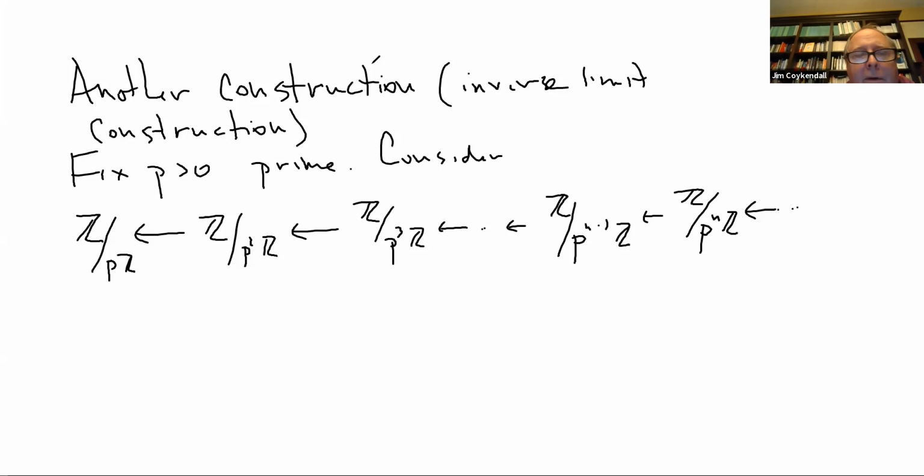The one on the left is just the field Z mod P, and the next one is Z mod P squared Z, and then Z mod P cubed.